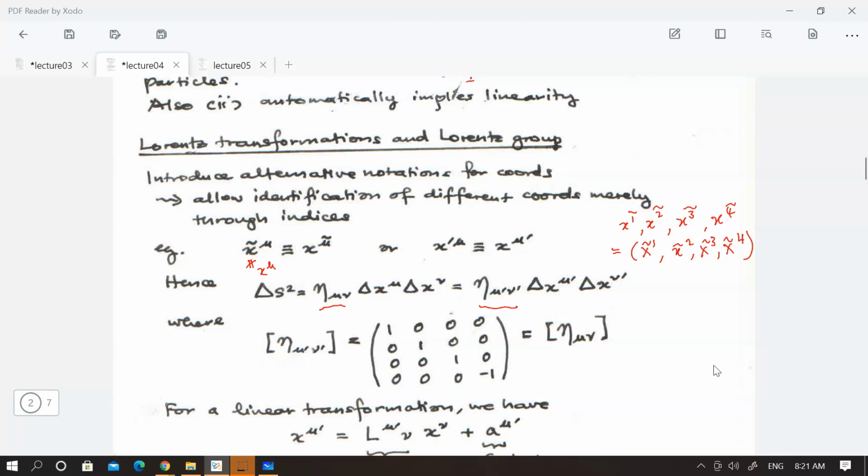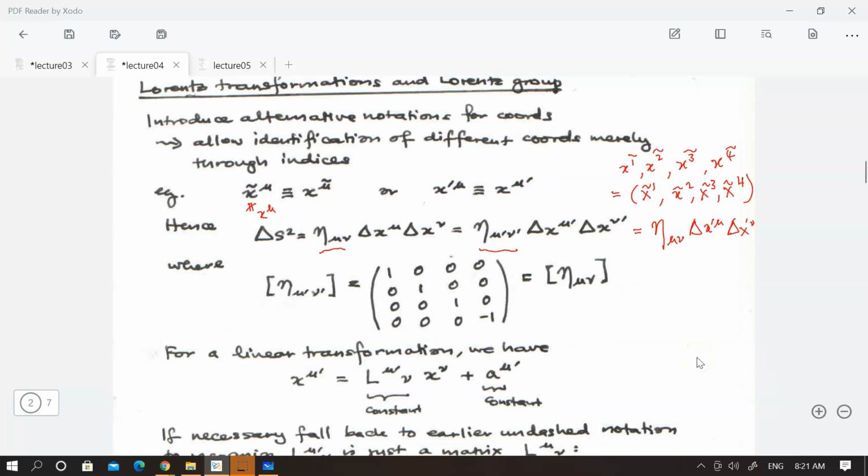Okay, so one should be remembering this to be actually corresponding to this thing instead. x dash mu, x dash mu. Okay, so in other words, you can see that thing is just the same as that. So that's the only inconvenience that we have with this identification of the dash indices.